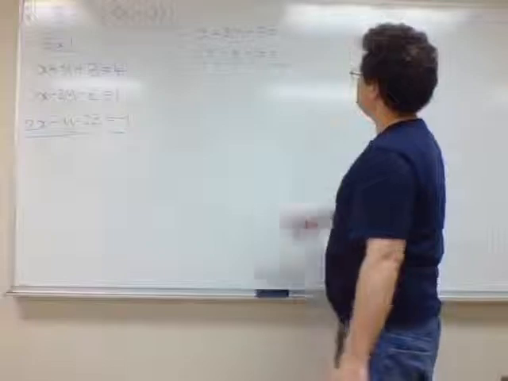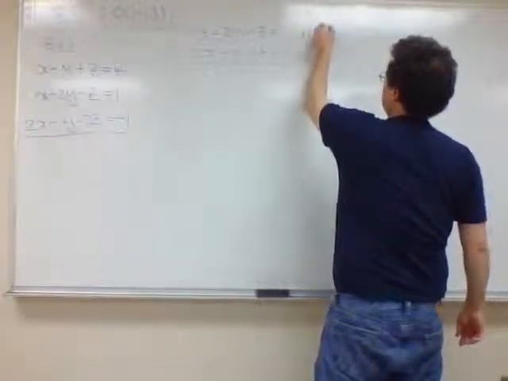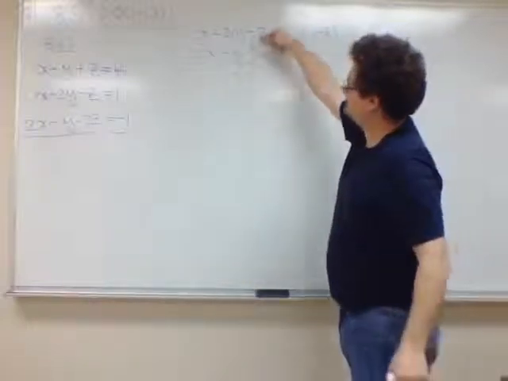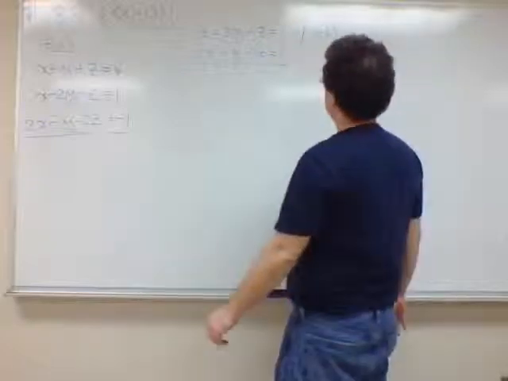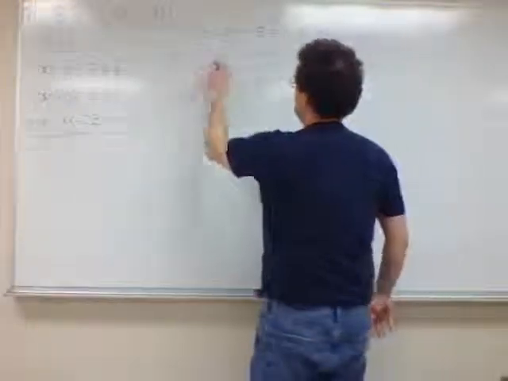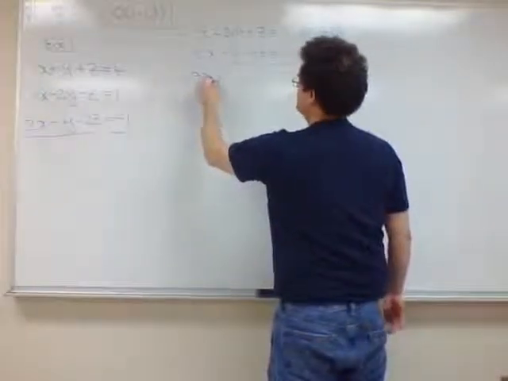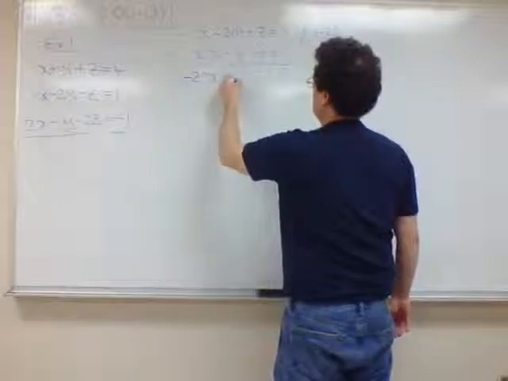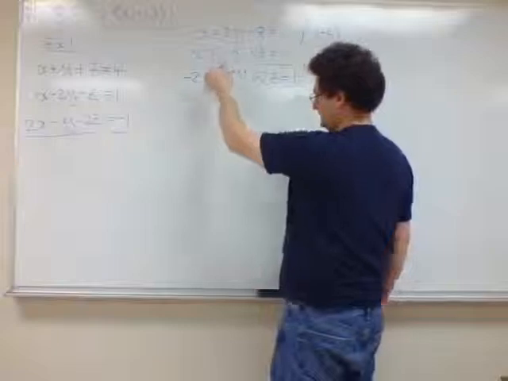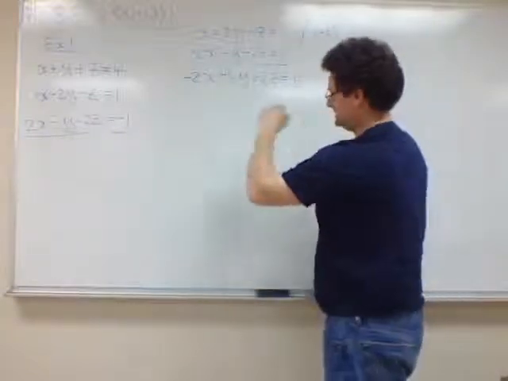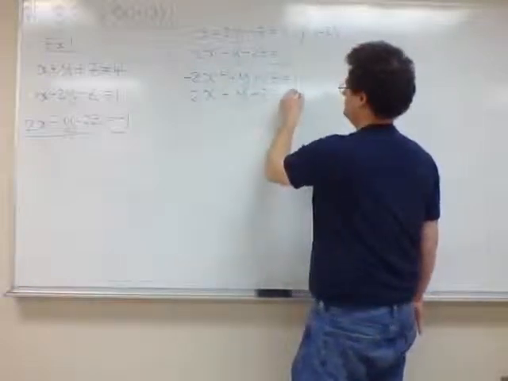To eliminate z, we would like to multiply this one by -2 so that we get 2z, and when we add -2z we'll get 0 z's. So multiplying the first equation by -2, we get -2x plus 4y plus 2z equals 1, and I'm just going to copy the second equation: 2x minus y minus 2z equals 1.